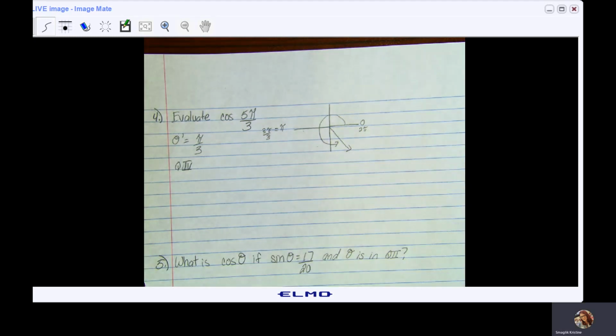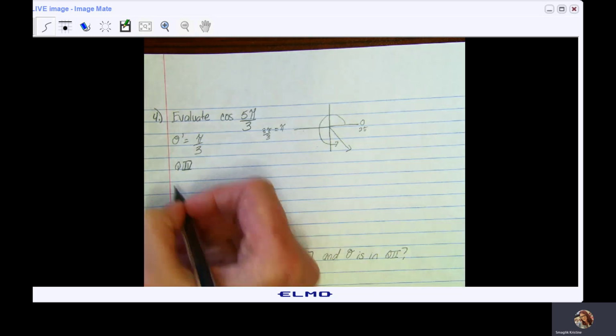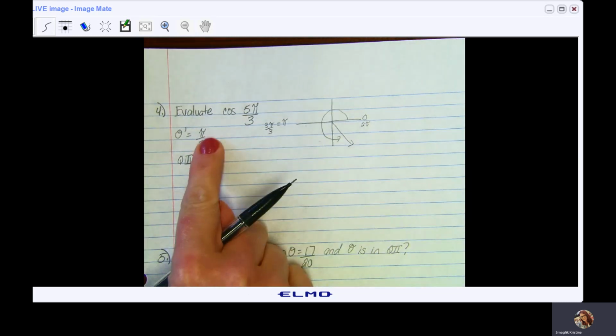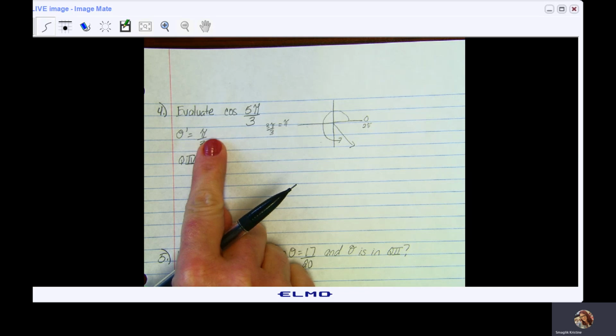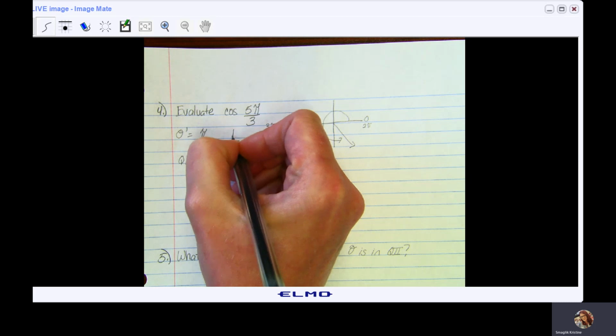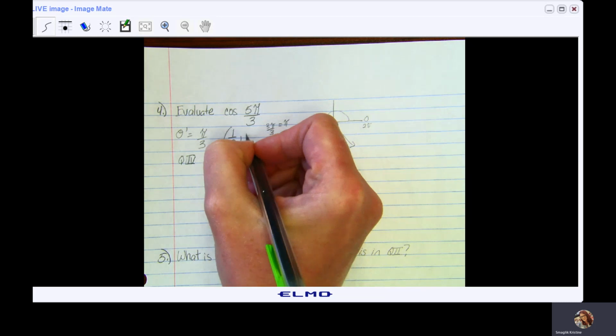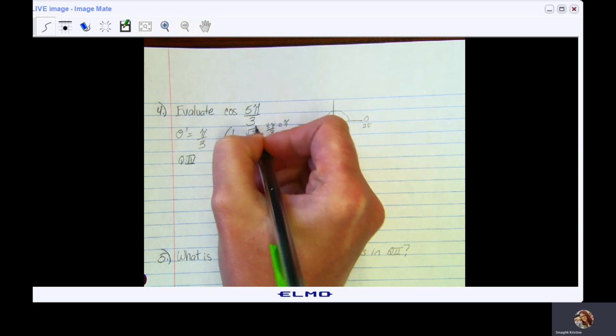So there's our angle, 5 pi over 3. So then I need to determine what the cosine is. Well, if I look at my reference angle of pi over 3, I know cosine is 1/2. Sine at pi over 3 is square root 3 over 2.